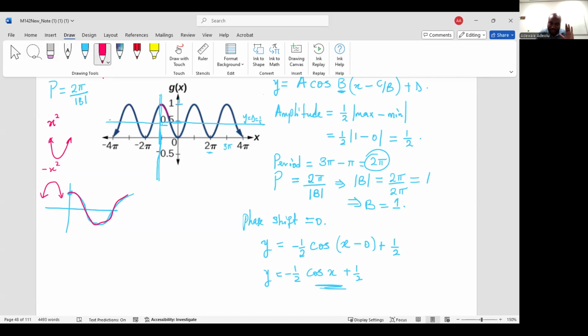Now, it is behaving the way it should behave, like what we have here, starting from the top, which means it is considering the positive in that sense. Okay, let's see if we will have the same results. Now let me clear this.